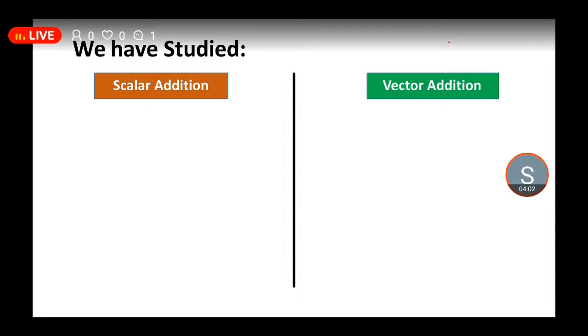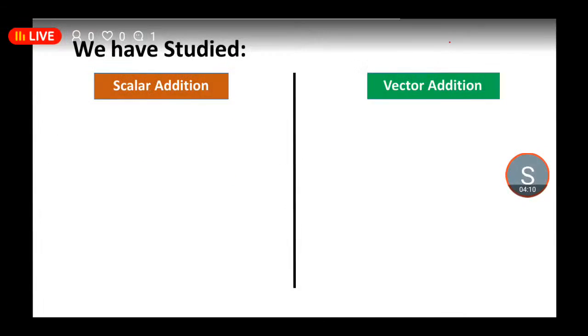In which direction the force or some physical quantity is acting, in order to know that we need vectors. We studied the differences between vectors, that is, they have numerical value and direction, and are based on the vector law of addition, which we are learning today.